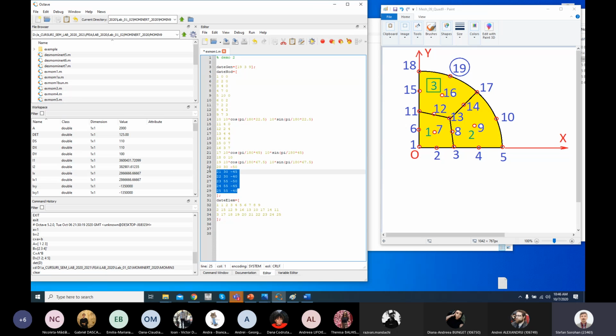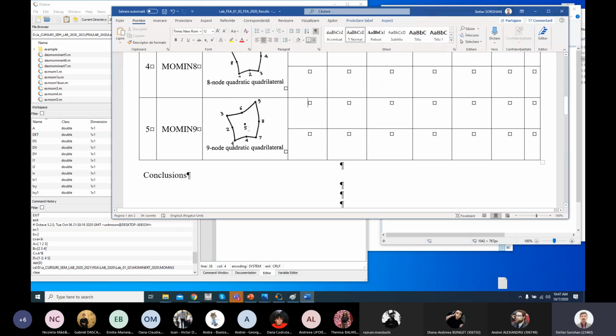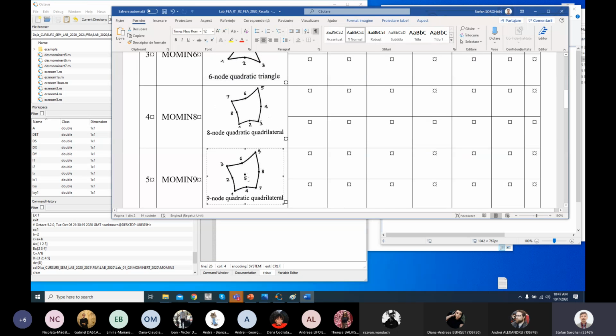I will remove the unnecessary nodes here. And then we must start with element data, or data elem. And okay, we have 3 nodes, but I will remove this one because probably they are not good. Again, don't forget, the rule is 1, 2, 3, 4, 5, 6, 7, 8, 9. Here, the rule is different for 8.